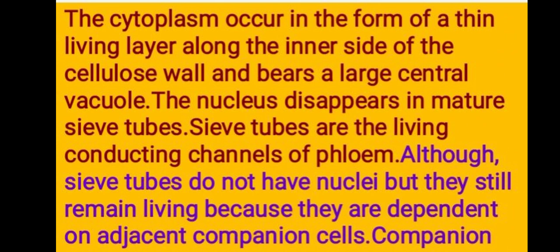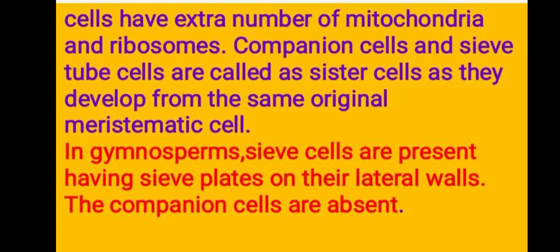Although sieve tubes do not have nuclei, remember, they still remain living. This happens because they are dependent on adjacent companion cells. Companion cells have extra number of mitochondria and ribosomes.